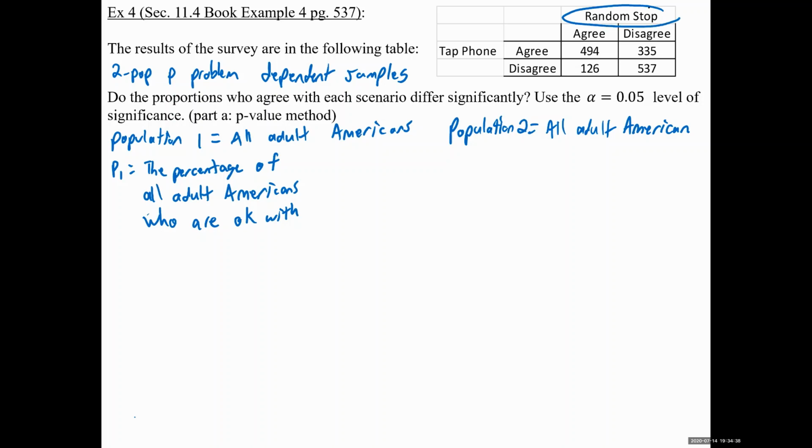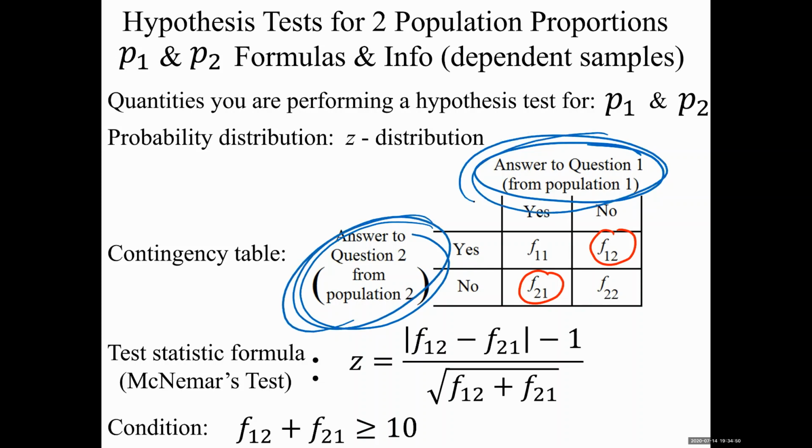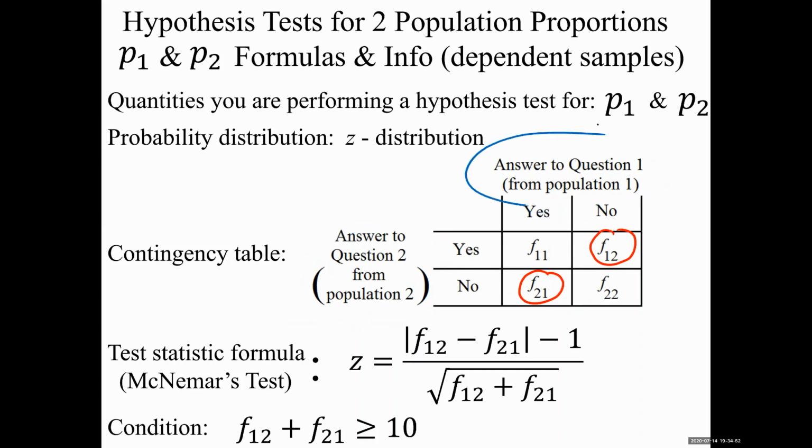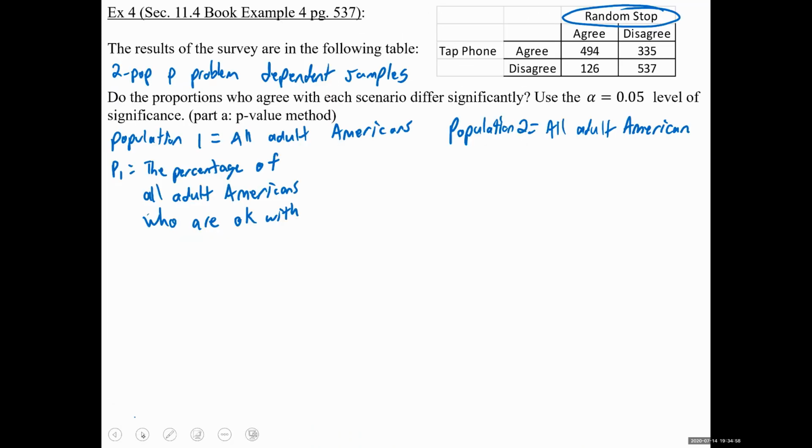Yeah, answer to question 1 goes on top. Answer to question 2 goes on the bottom. It actually doesn't matter. You can call this one question 1 and this one question 2, but just to go with my slides, we'll call this one question 1. So P1 has to do with the top question. Okay. So who are okay with, I'm just going to write random stuff.